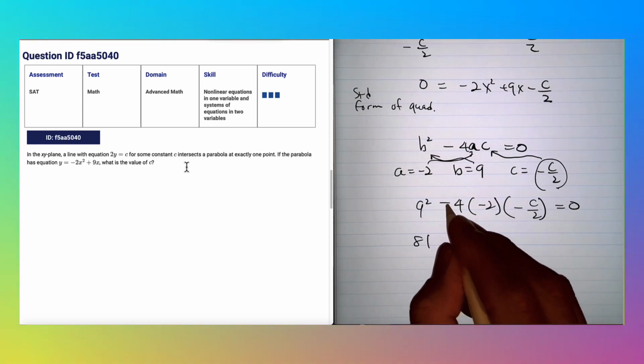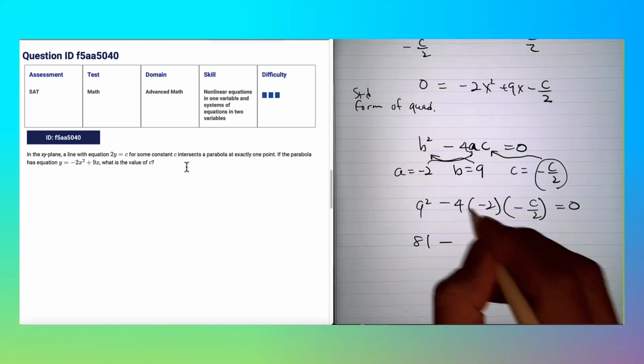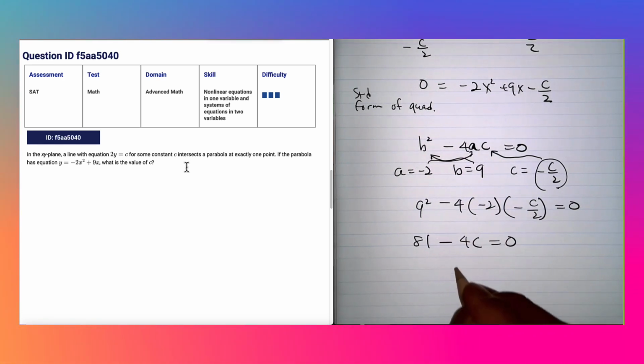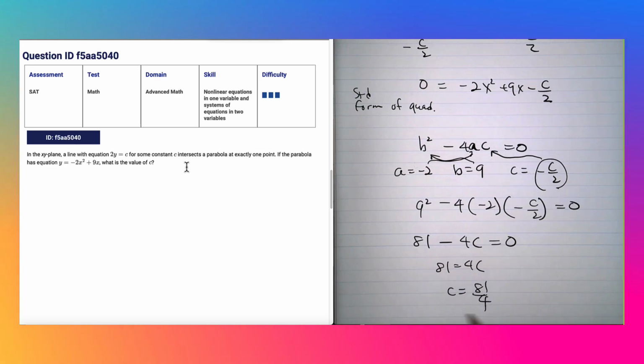When you have a negative multiplied 3 times, overall it will be minus. So 4 times 2 gives you 8, 8 over 2 gives you 4, it gives you 4c equals 0, and let's add 4c on both sides, and c is equal to 81 over 4.